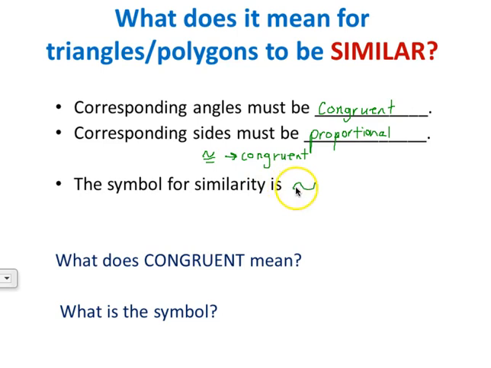So the symbol for similarity is this little squiggly line right here. That tells us that two things are similar. We already talked about what congruency means, and we already talked about the symbol. So I'm going to move on to the next slide now. If you need more time here, go ahead and click pause.